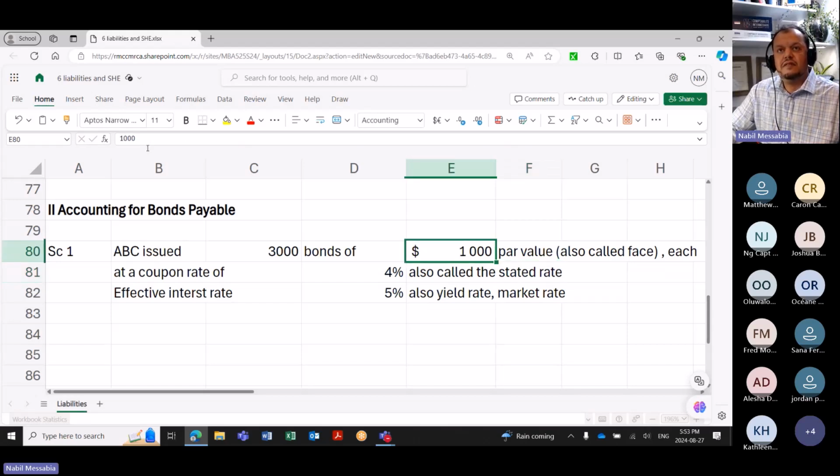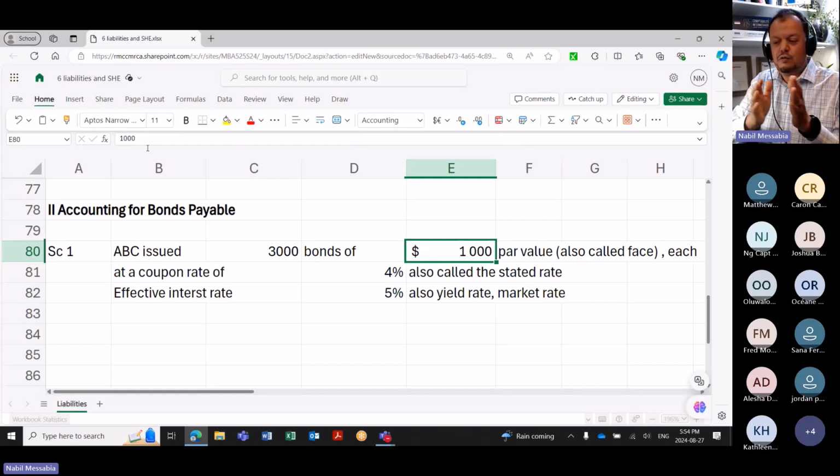Again, what is the face value used for? Two uses. The face value in the market is meaningless. It has no value in the market. Investors are not going to pay $1,000. That is just a face value or a par value, a value on the paper, because the value of the bond will be determined by how attractive your bond is for the market.